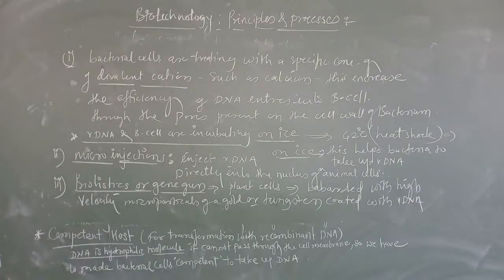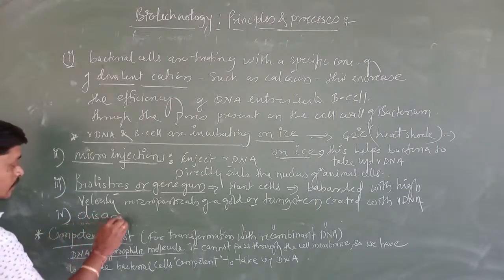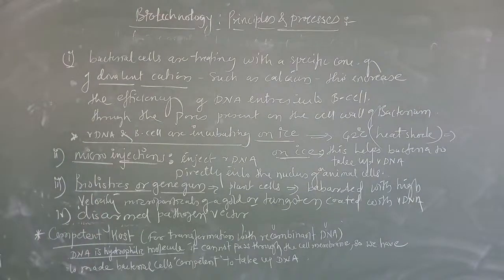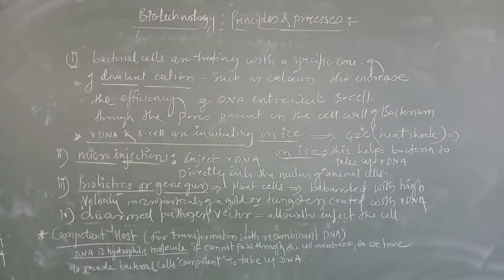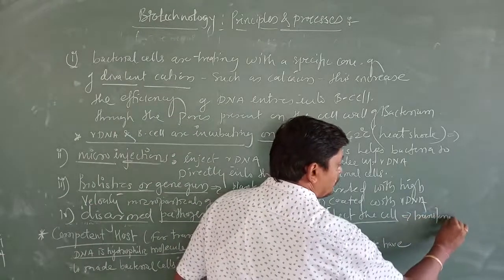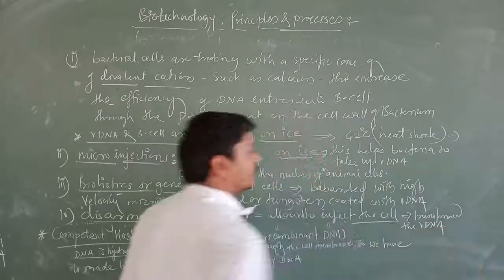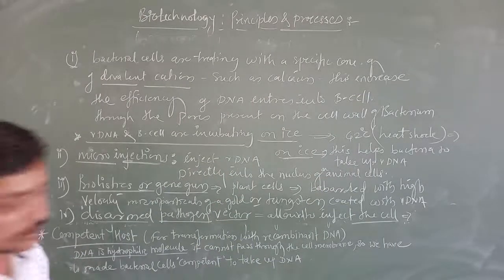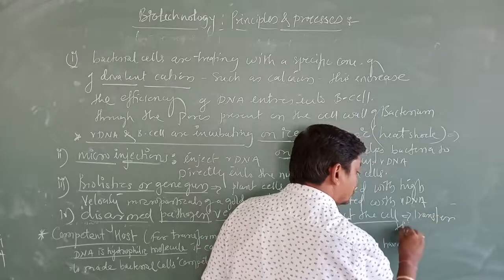And the last one is the disarmed pathogen vector. The last method is the disarmed pathogen vector, which is allowed to infect the cell and helps to transfer the rDNA.